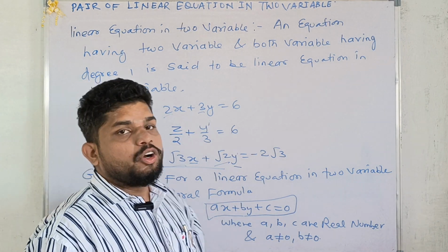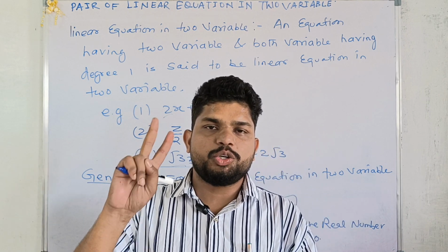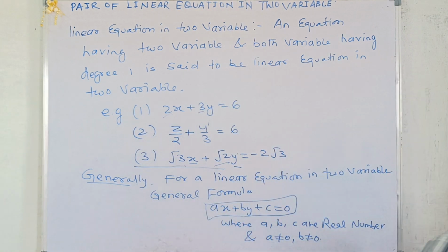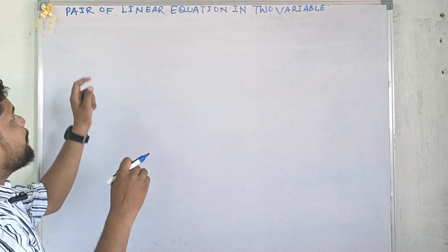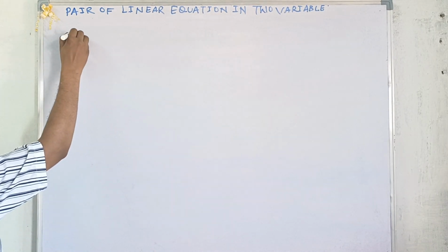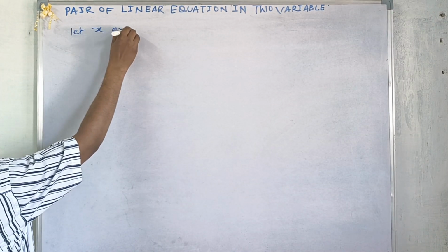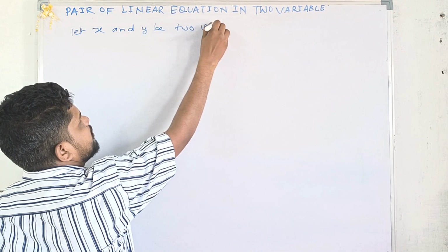Now we will see the general formula for the pair of linear equations in two variables. So let x and y be two variables.